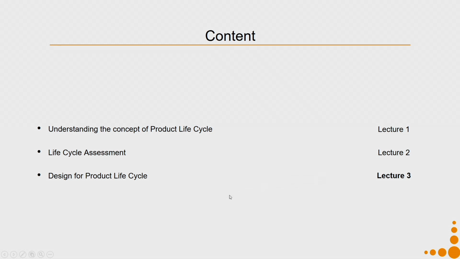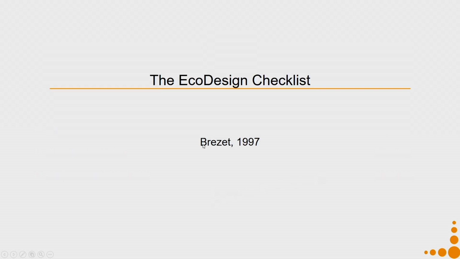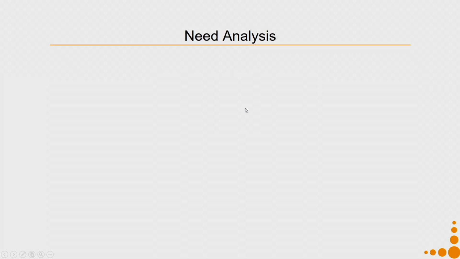So we will be talking about this EcoDesign checklist. It has been developed by Dr. Brezet. What this checklist does is it gives you a checklist. When you begin doing a life cycle assessment, you are not very proficient in understanding what all categories in which you need to seek information.